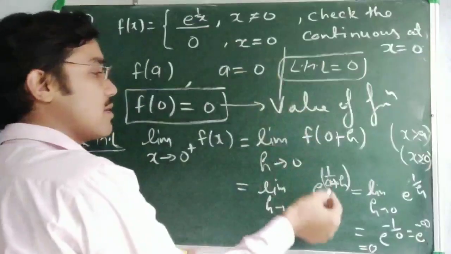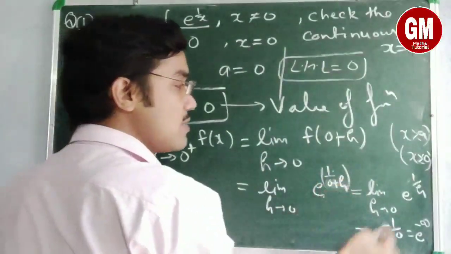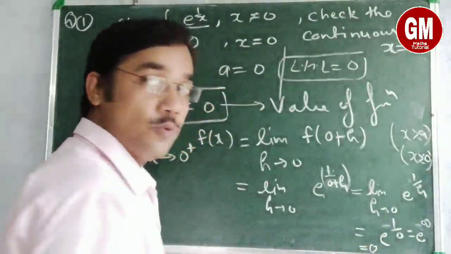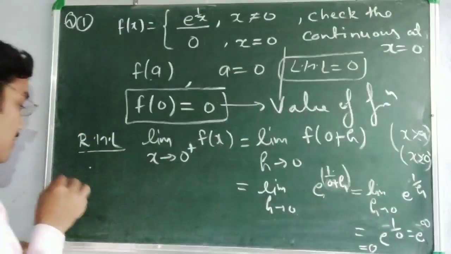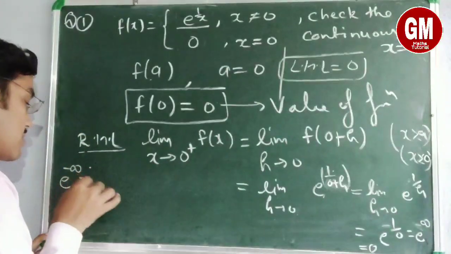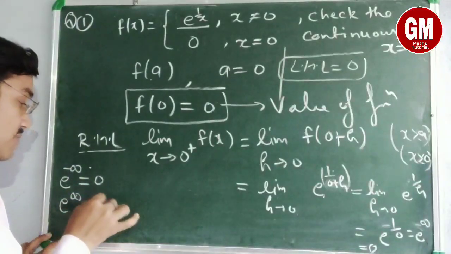We take that function e to the power 1 by 0 plus h. And when we put in this value, 1 by 0 is plus infinity, and we know that, in case of real analysis, e to the power minus infinity is 0 and e to the power infinity is infinity.